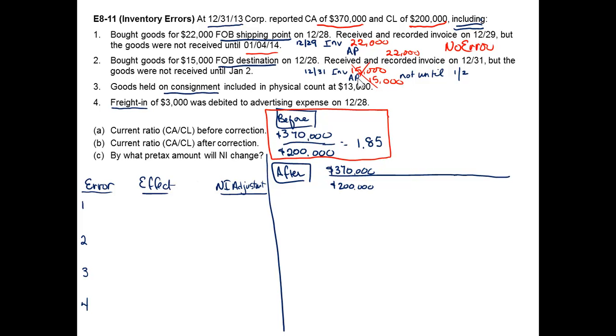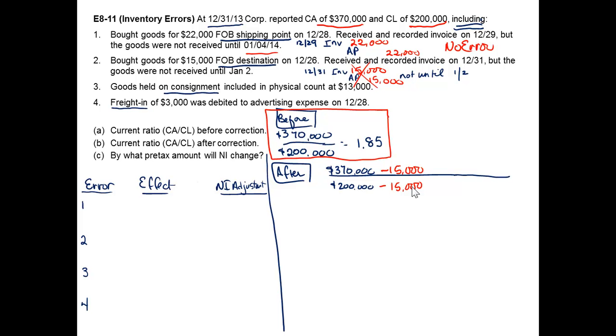That was an error, so we need to back out the $15,000 from our current assets and for inventory, and back out the $15,000 from our current liabilities, our accounts payable, because those should not be included until the goods are received on January 2nd.